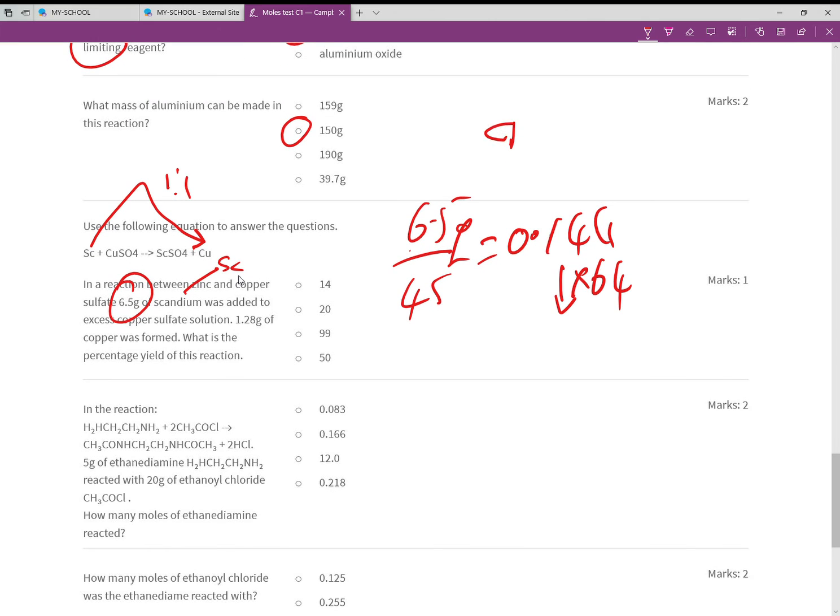Okay, 9.24 grams is what I should make. I only made 1.28 grams.